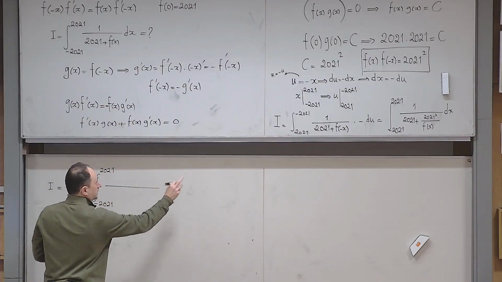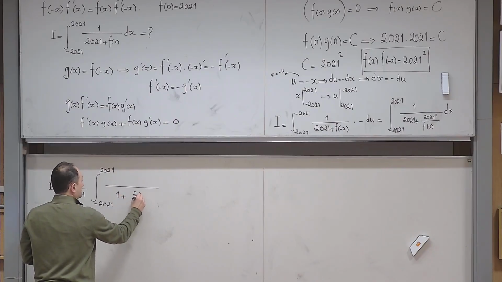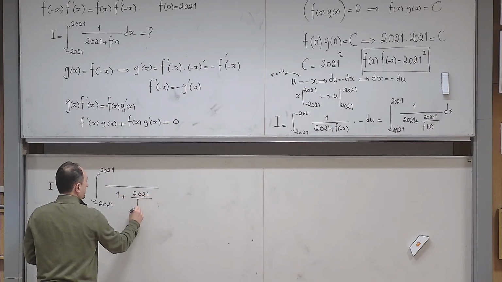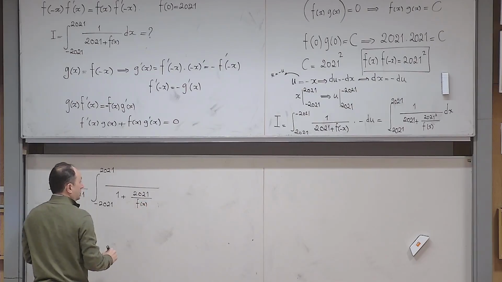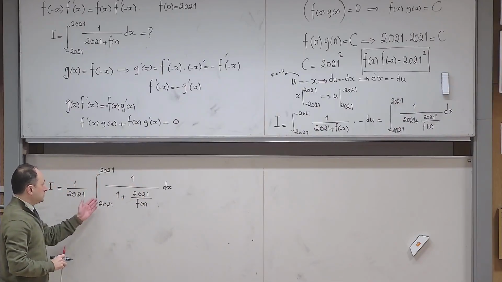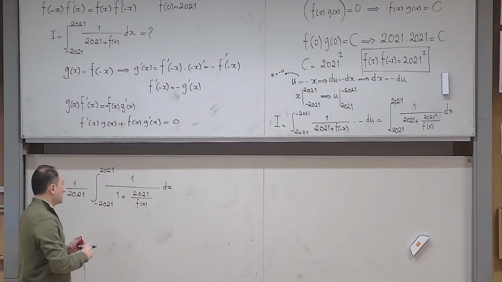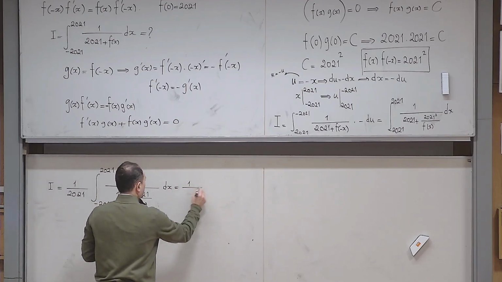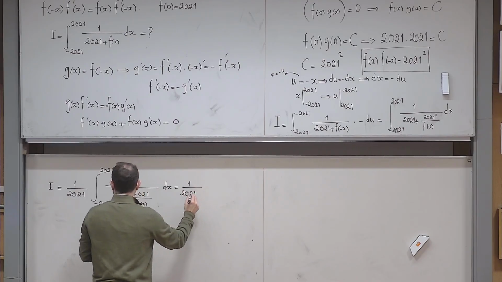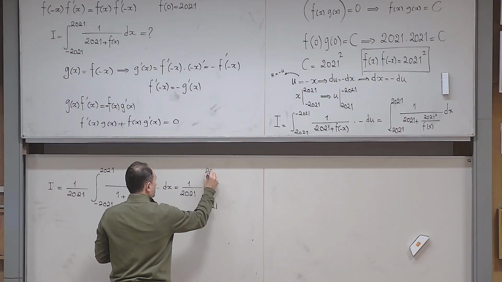And in the denominator, I will have 1 plus 2021 divided by f of x. And then I have dx, and the numerator is 1. And I multiply everything, the numerator and denominator, by f of x. So this goes like this, 1 over 2021, integral from minus 2021 to 2021.